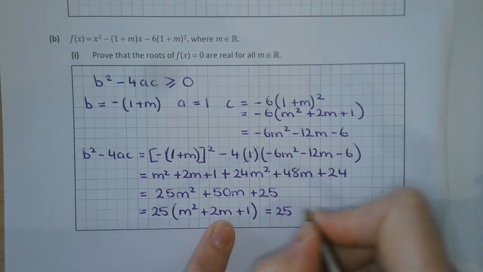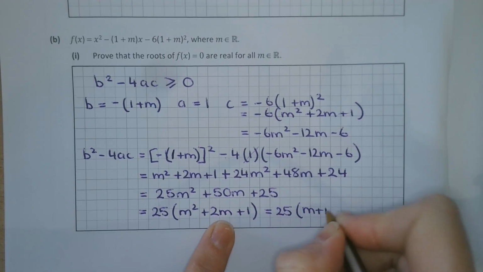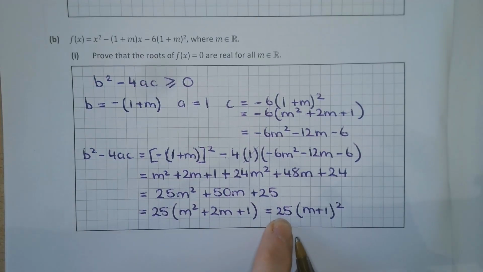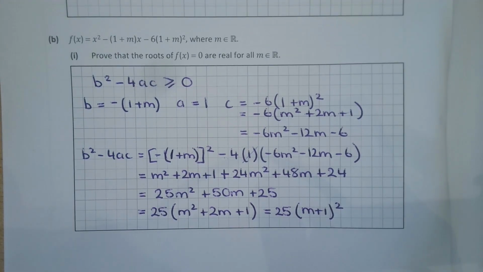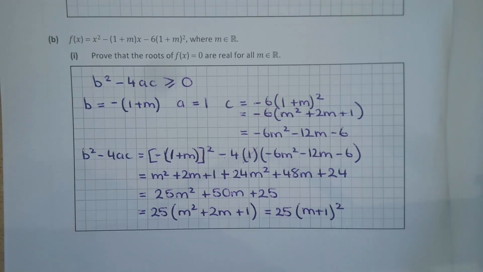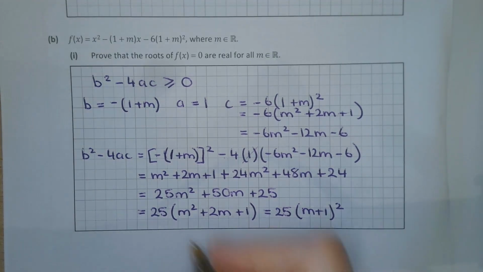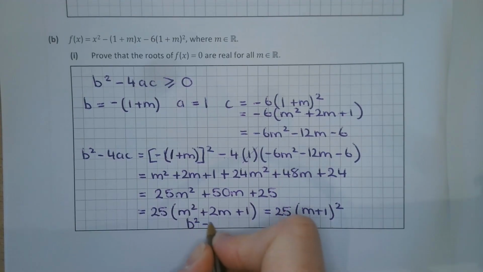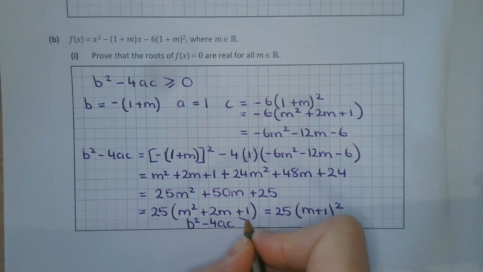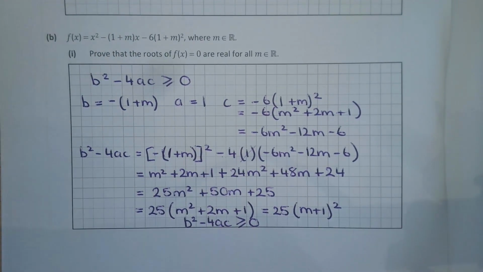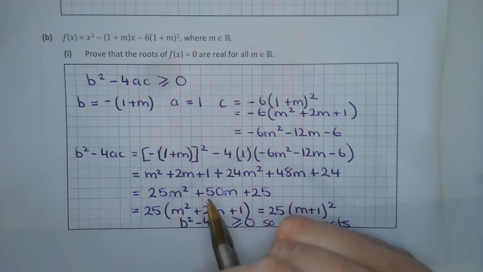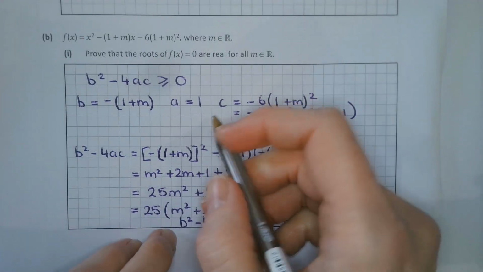And again, could end up with 25 times m plus 1 to be squared. 25 is obviously positive, and you're multiplying something here that is squared. And anything that is squared will always be positive as well. Even if m was negative there, it would end up with a positive answer when you square it. So we can say that b squared minus 4ac is greater than or equal to 0, and that proves there are real roots. And that question is worth 5 marks.